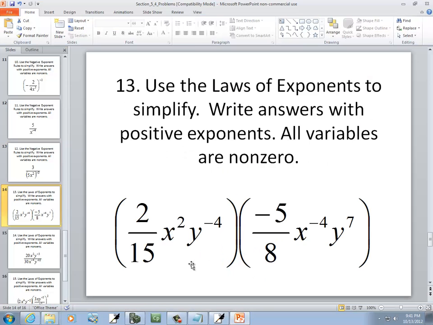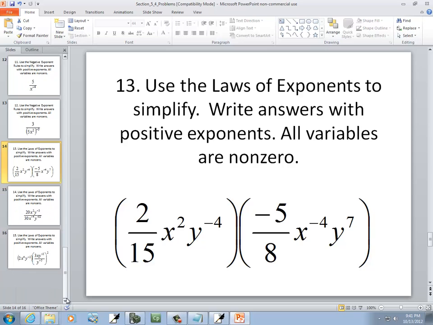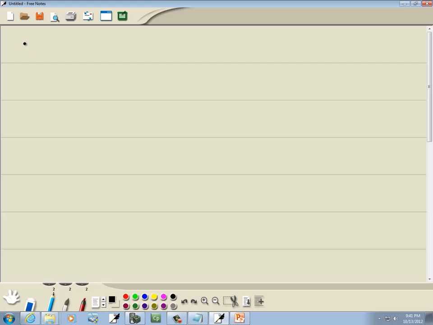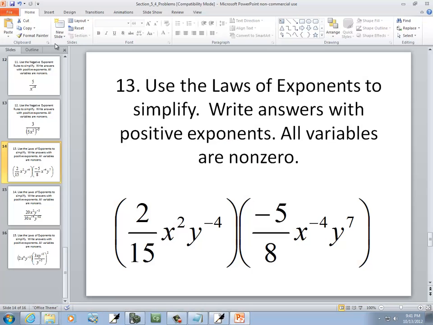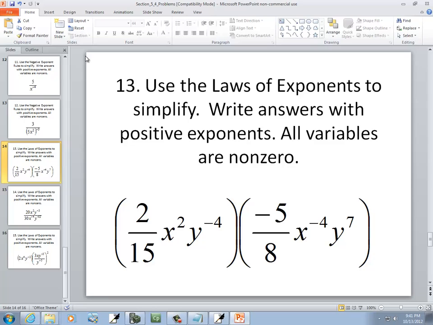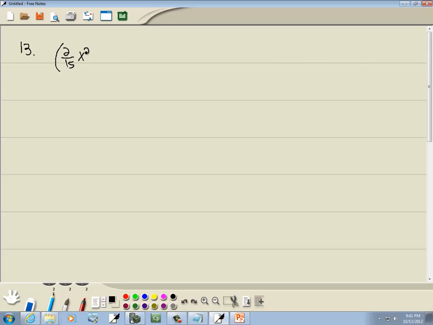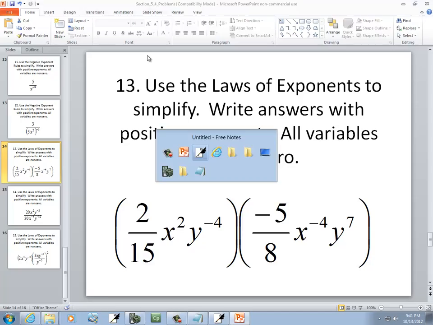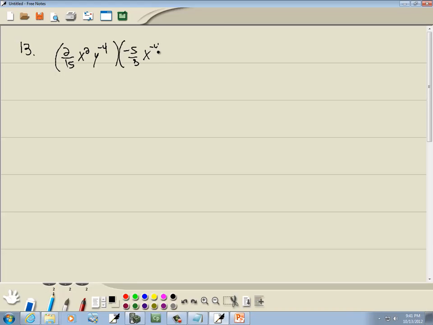And let's look at this one. So we got 2/15 x squared y to the negative 4, and then negative 5/8 x to the negative 4 y to the 7th.